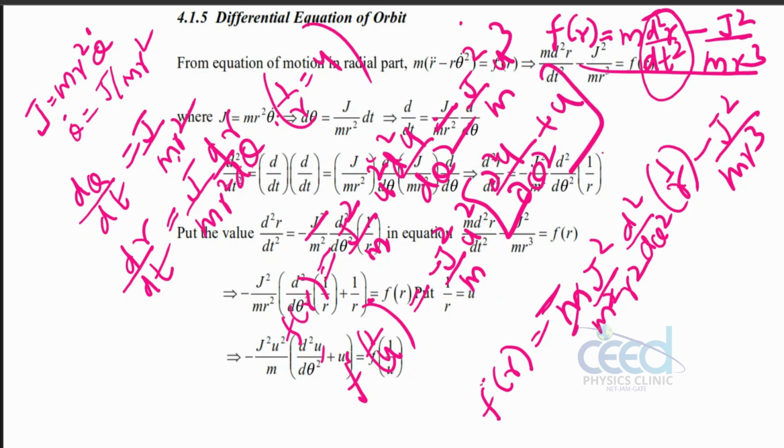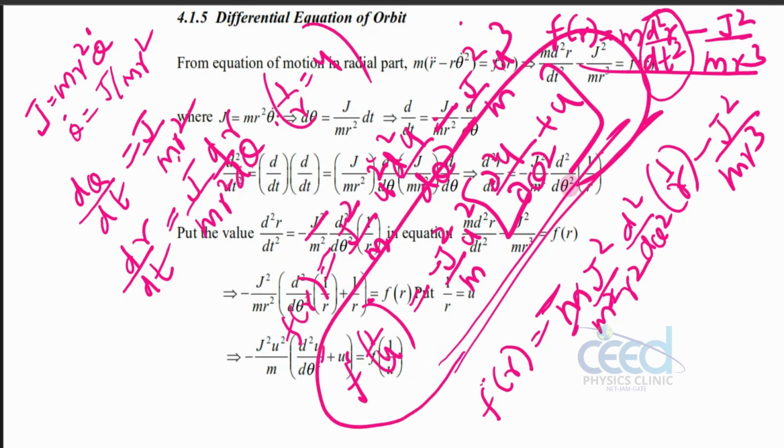This minus j square u square by m, d square u by d theta square plus u. This is the differential equation of an orbit of central motion, right? Orbit of central motion. All right. So this equation is very important.